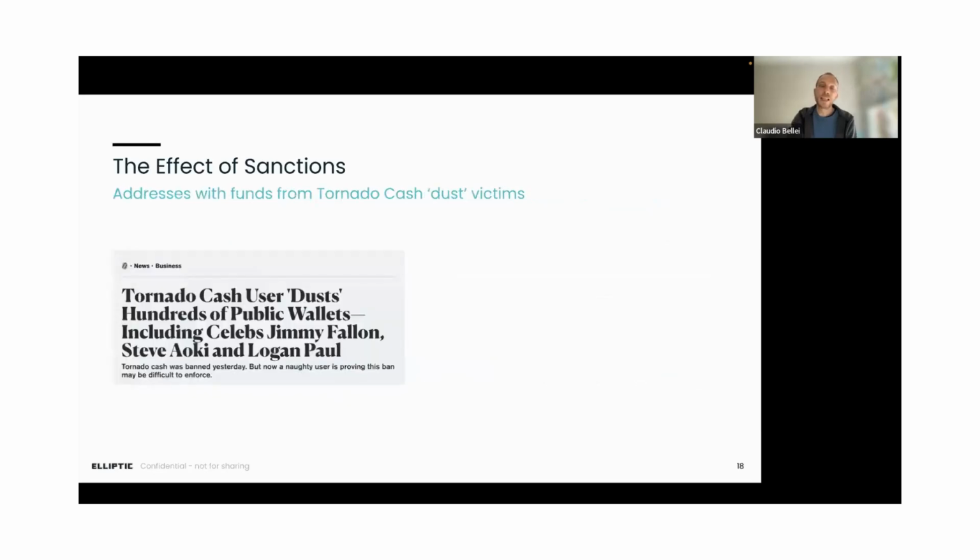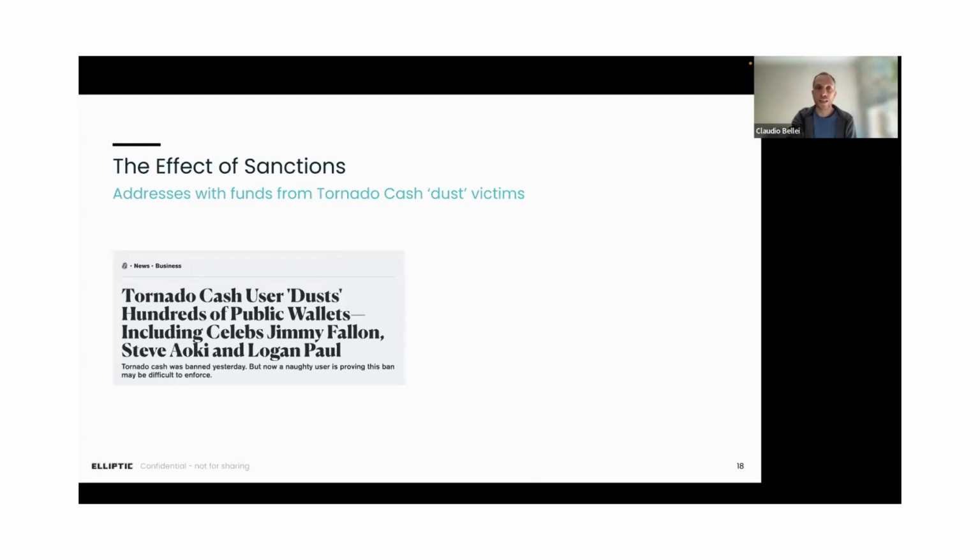An interesting side effect of these sanctions was also that it was possible, it's still possible, to dust celebrities or whoever really with dirty coins. So coins coming from Tornado. It's as easy as making a small deposit to Tornado and then sending the funds to known wallets that are owned by celebrities, for example.